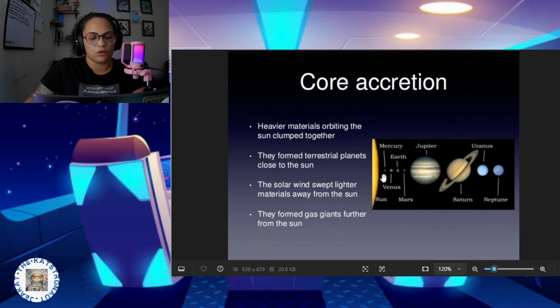So one of the early solar system theories was that these four, Mercury through Mars, were not the only rocky planets.